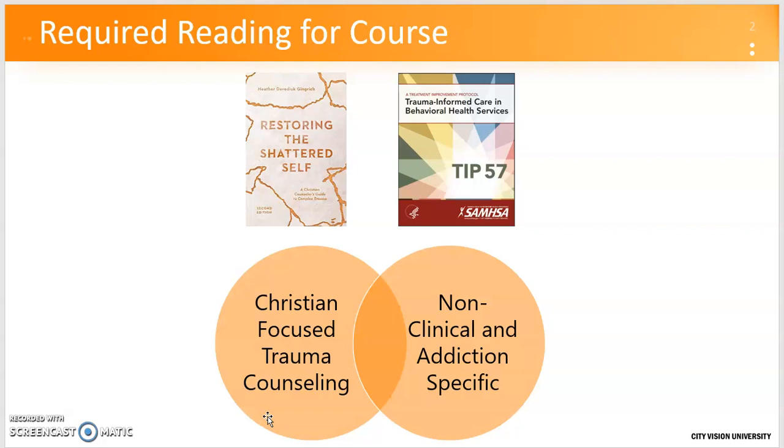The addiction counseling students know their materials well. This one we are adding because it gives a focus for individuals that are dealing with trauma and yet may or may not be dealing with it on a clinical level. So an example might be a ministry that has basic services or perhaps case management, but not counseling beyond that.